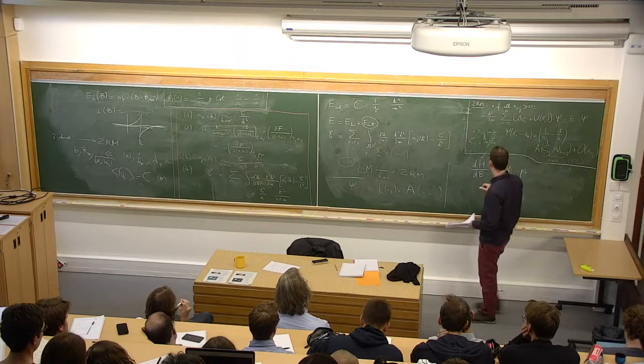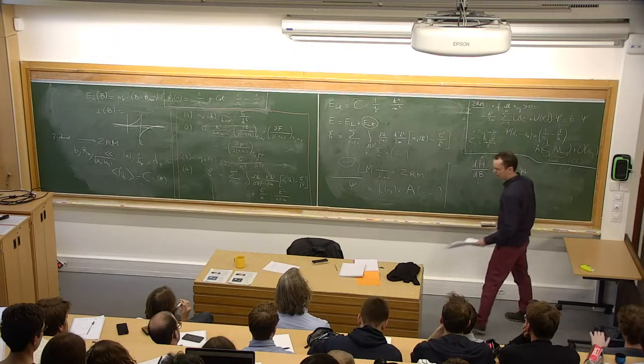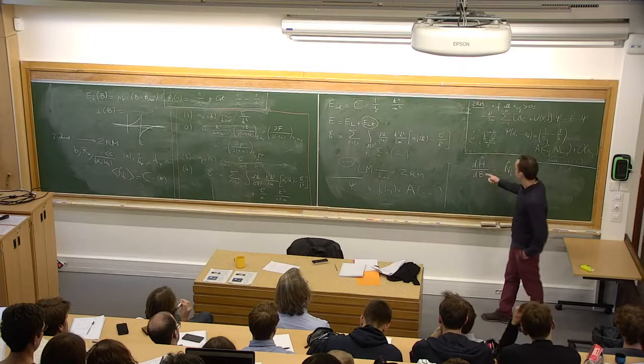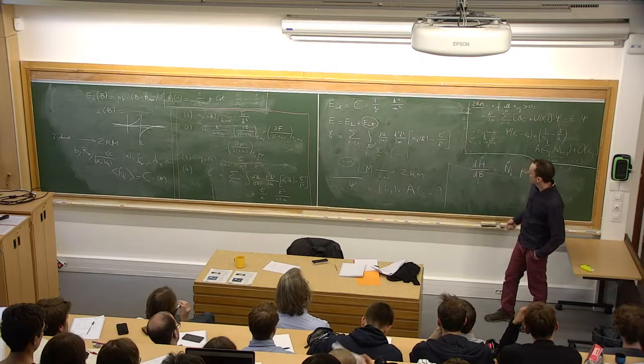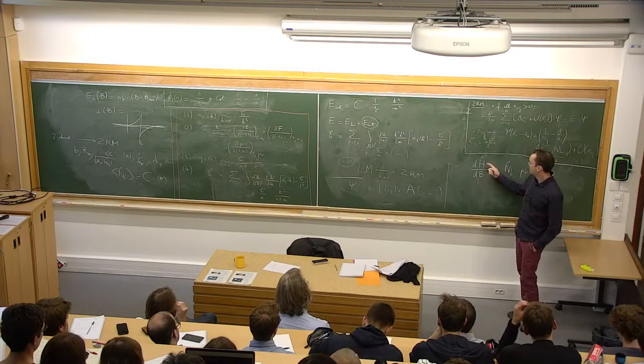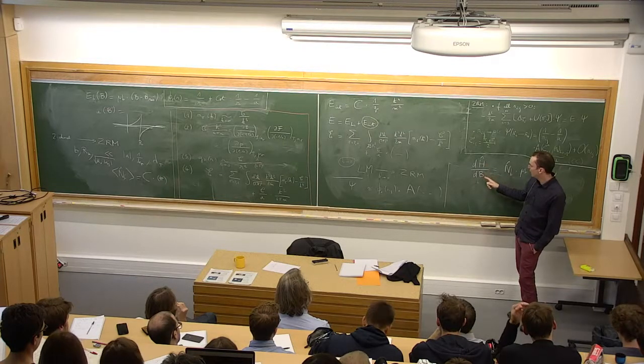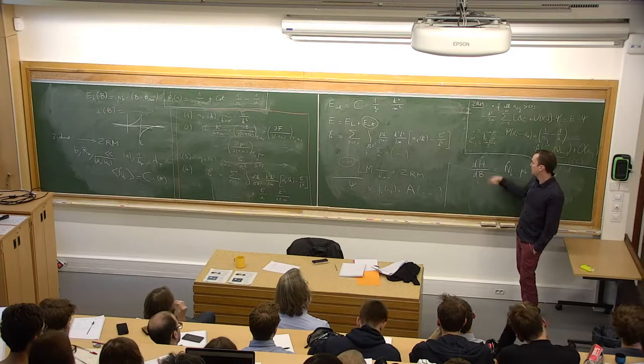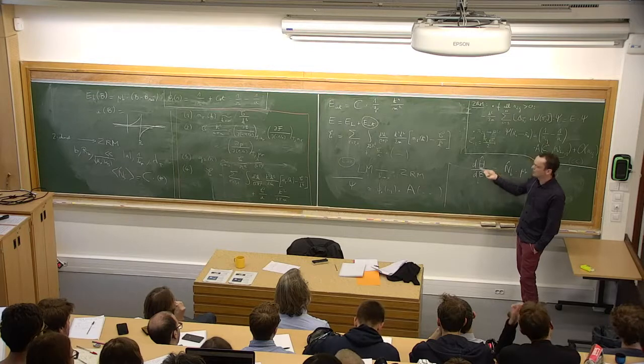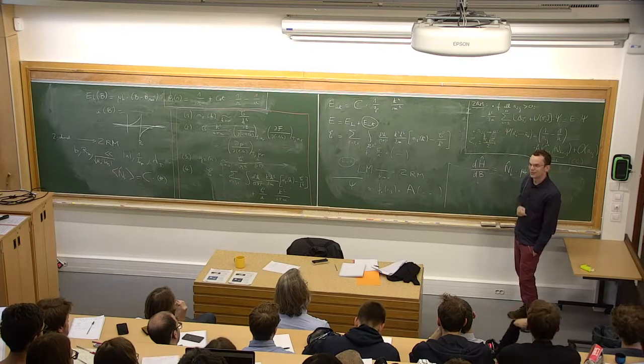Then I can play a similar game as before, because B is simply related to the scattering length. So this is the derivative with respect to 1 over a times stuff, and so this is the contact times stuff. That's it. Thanks.